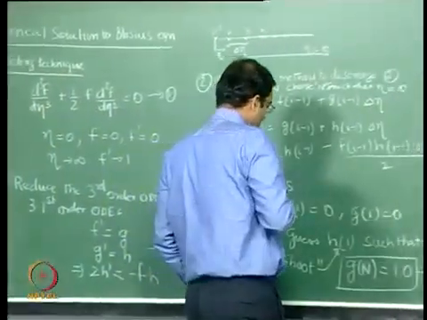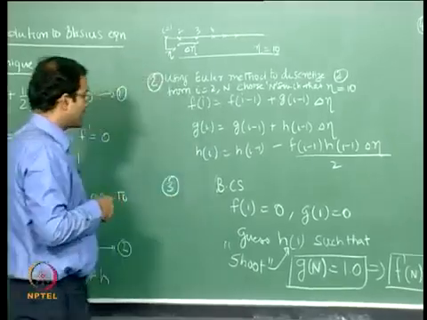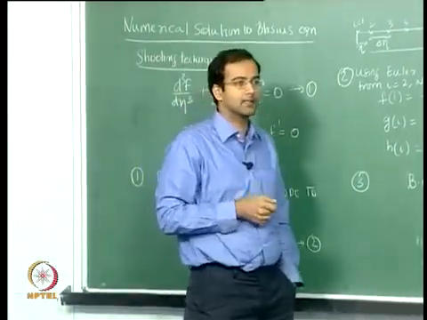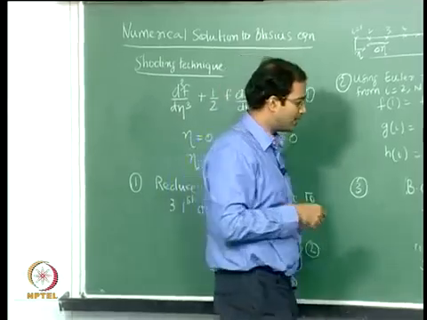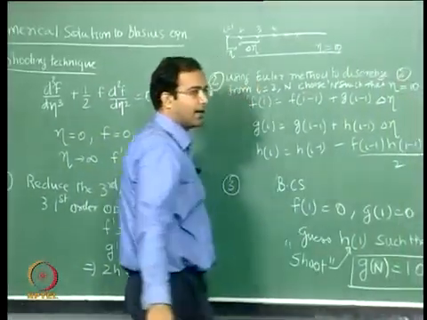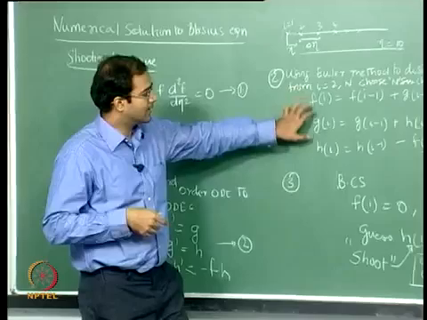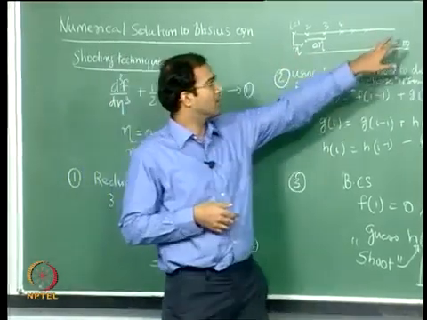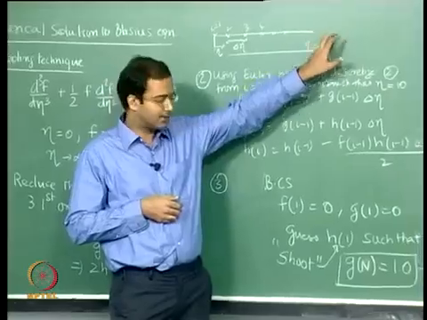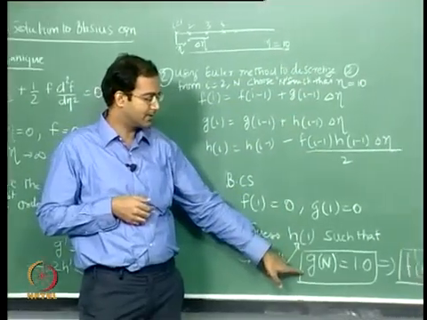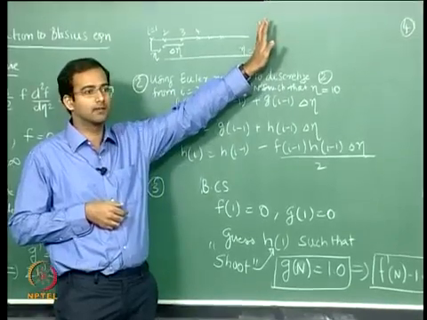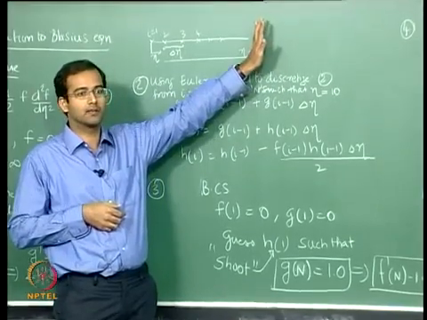So what you have to do here is why this is called a shooting technique. You shoot a guess, basically. You guess the value of h at 1 and substitute, then you do the marching process all the way till eta equal to 10, and then you find out whether g at n is 1, where n corresponds to eta equal to 10, the last point.